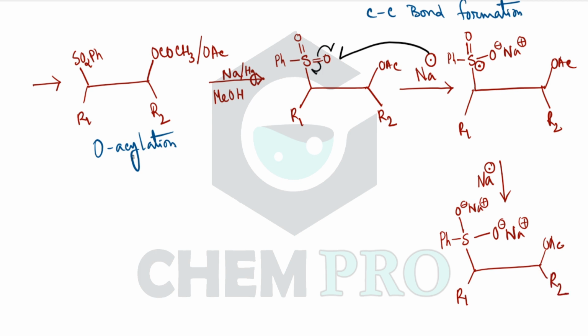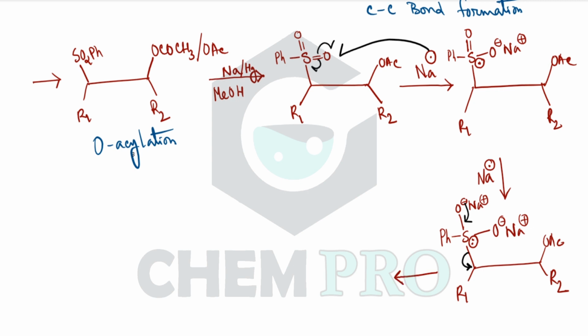Now here we have a lone pair of electrons on the sulfur. In this step it will make a double bond, and the bond will break and make an anion. So from this we have R2, OAc, a negative charge, and R1.